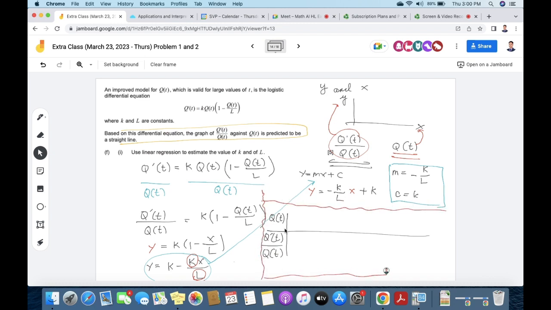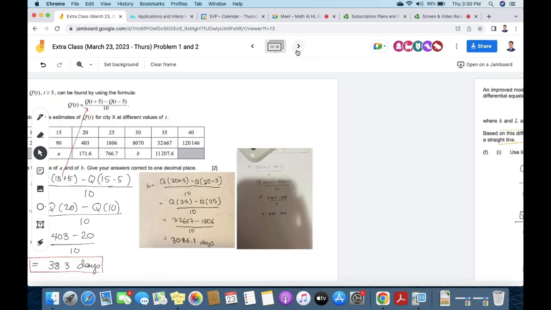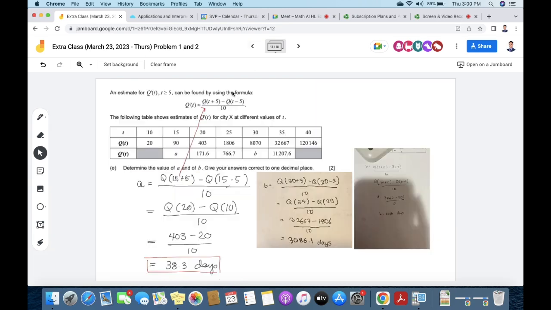Now, sir, where do we get these values from? We will get it from the table. So we will need this table in order to solve for this one. Starting with the q of t. On this table, we don't have this, so we will not make use of this. We have 90.